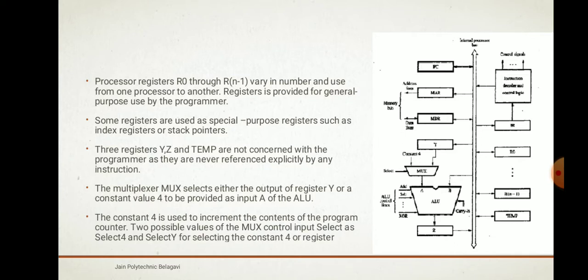Now the constant 4 is used to increment the contents of the program counter. As we have discussed, after fetching a single instruction, the program counter is incremented. There are two possible values for the mux control input, select 4 and select Y, for selecting the constant 4 or the register.